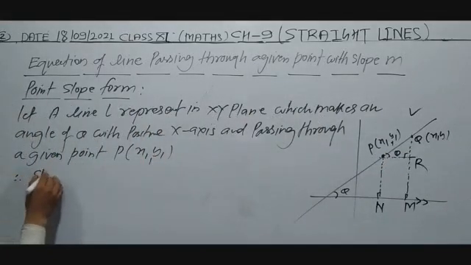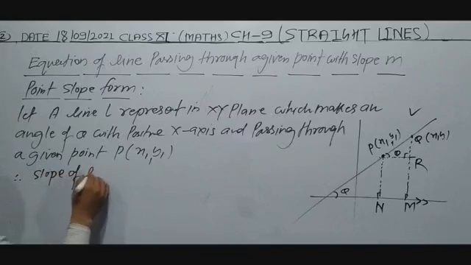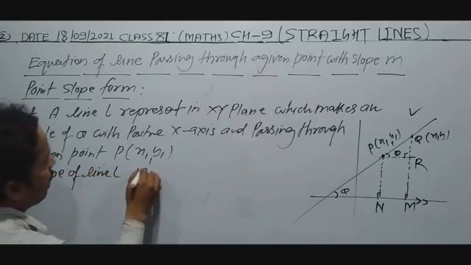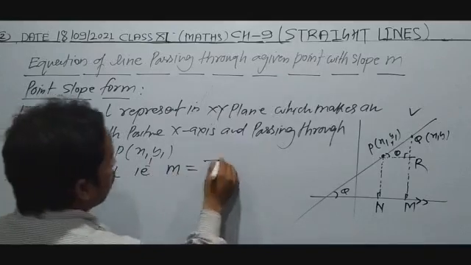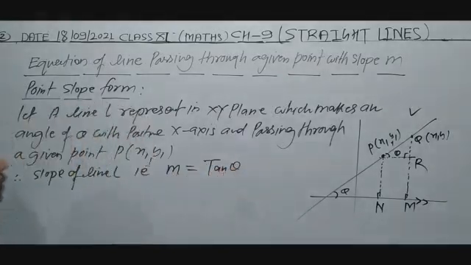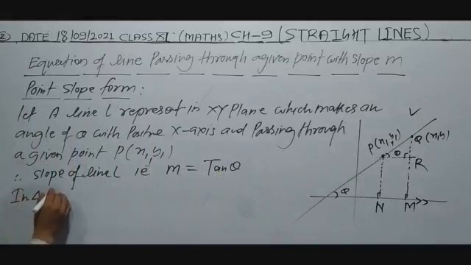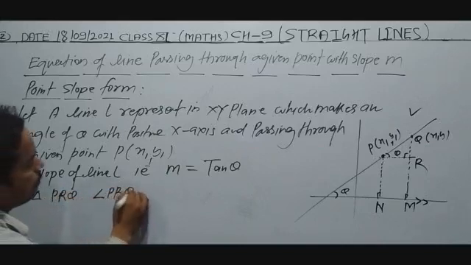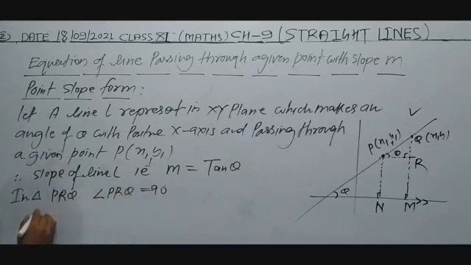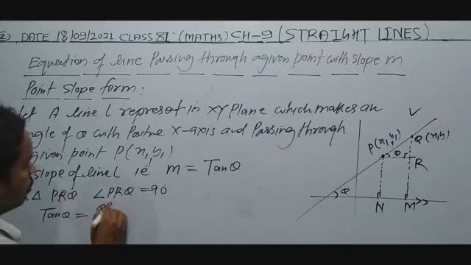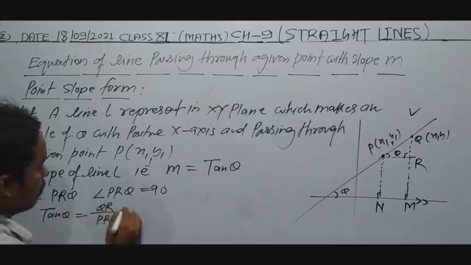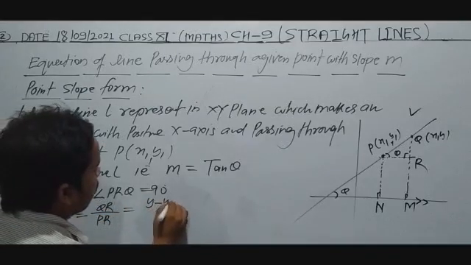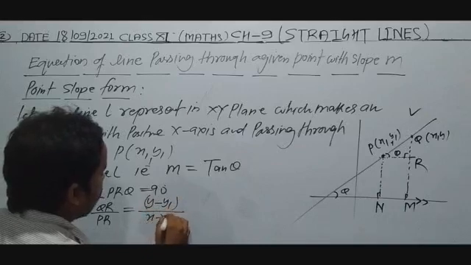Therefore, the slope of line L, that is m, is equal to tan theta. And in triangle PRQ, angle PRQ is equal to 90. Tan theta we can write as QR upon PR, and QR we can write y minus y1 upon x minus x1.